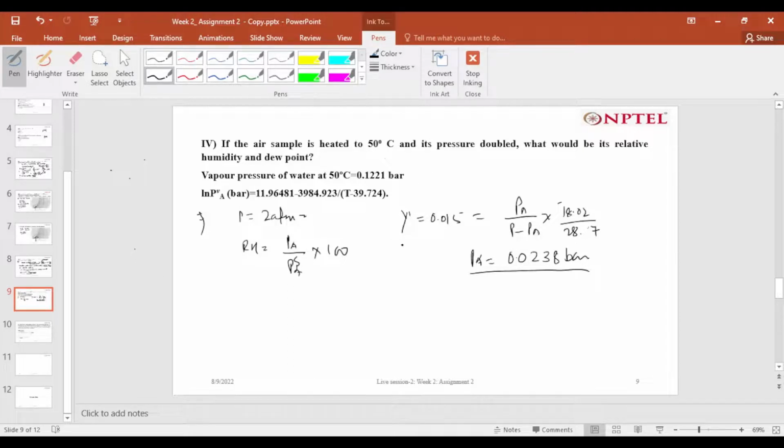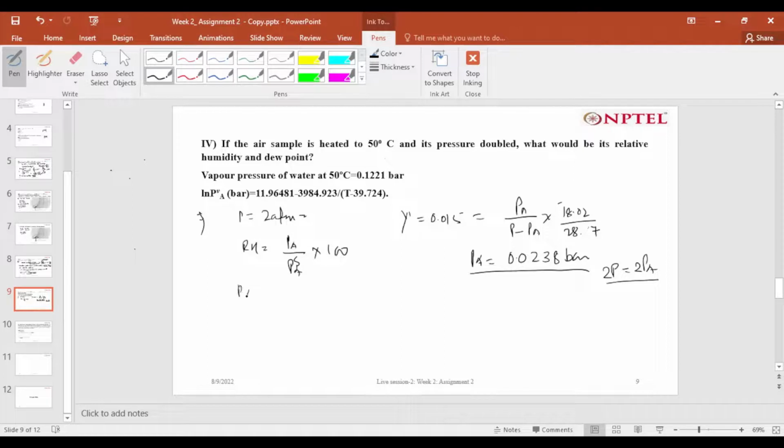Now here it is mentioned the total pressure doubles. It means that the partial pressure also doubles. Use Dalton's law: total pressure is equal to the sum of partial pressures. The total is twice, so the partial pressure is also twice, it doubles.